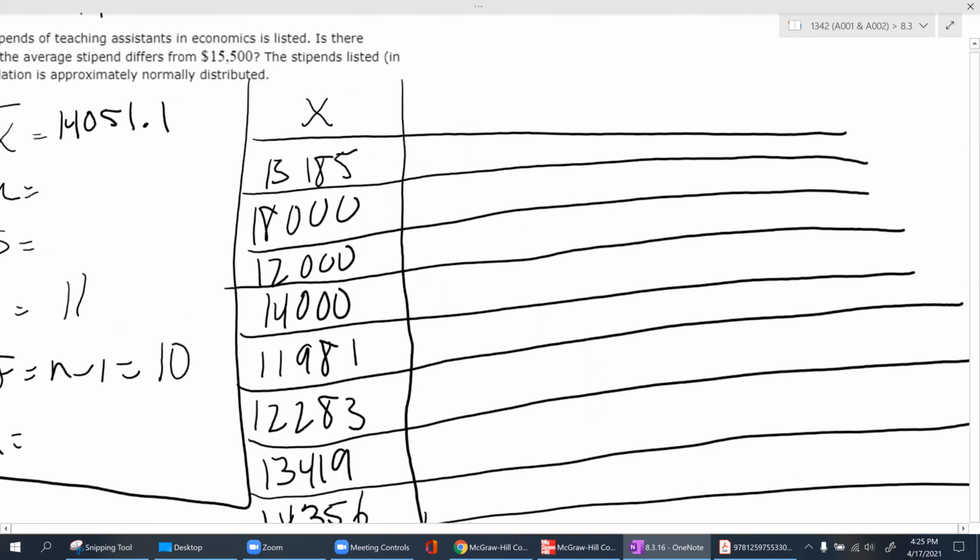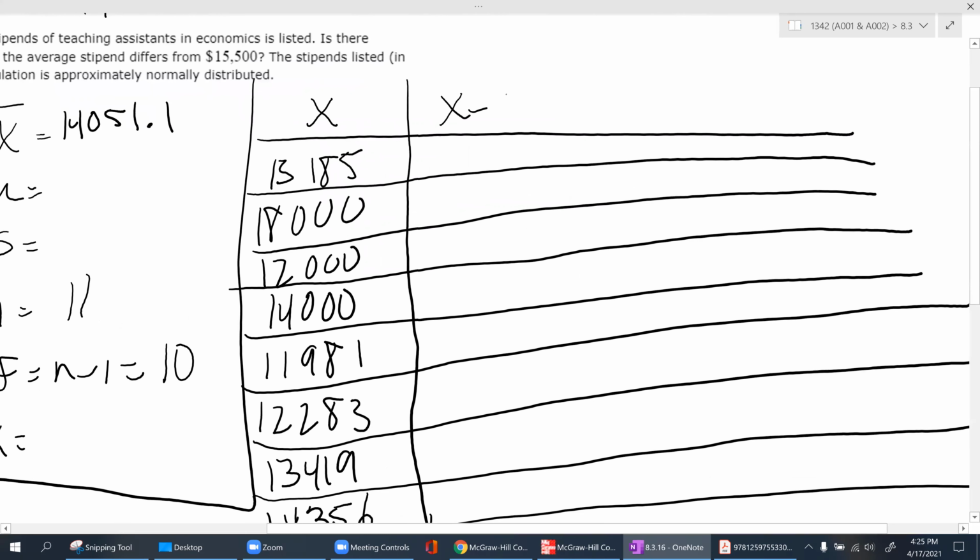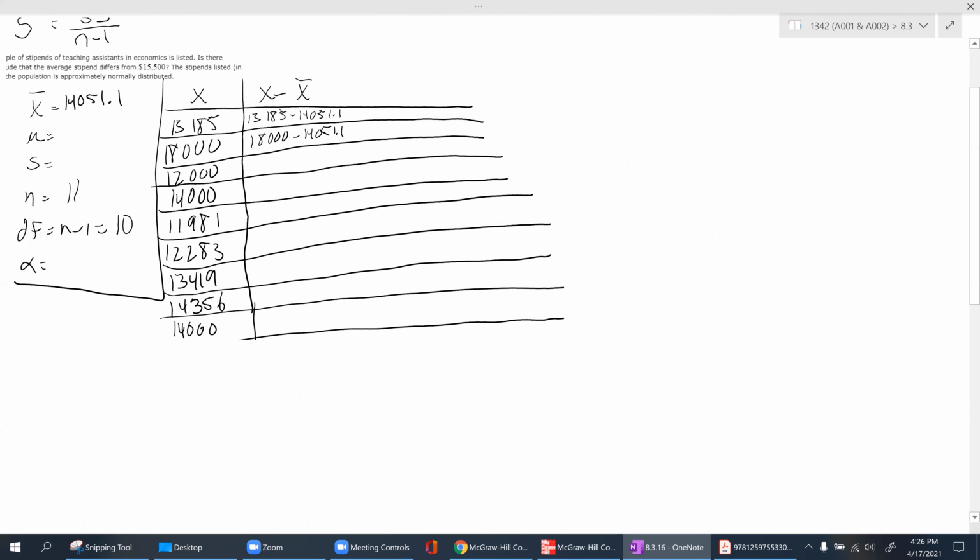The next column is going to be X minus X bar. So I am doing 13,185 minus 14,051.1, 1,800 minus 14,051.1, and we're going to write out those answers.